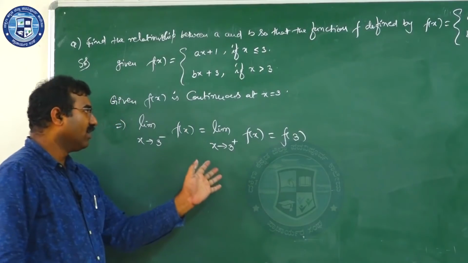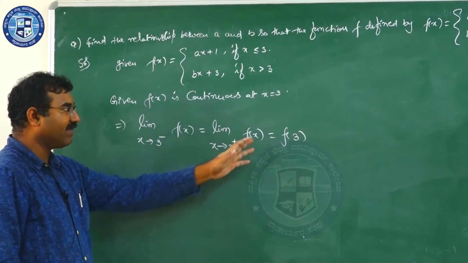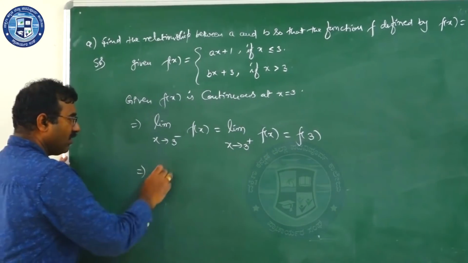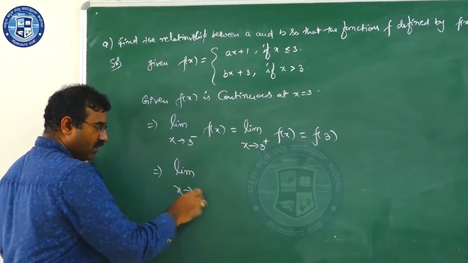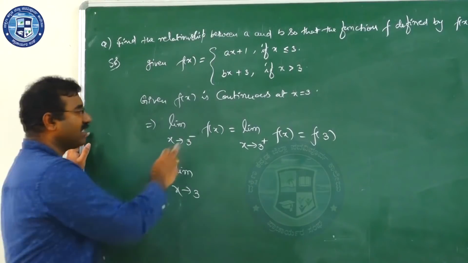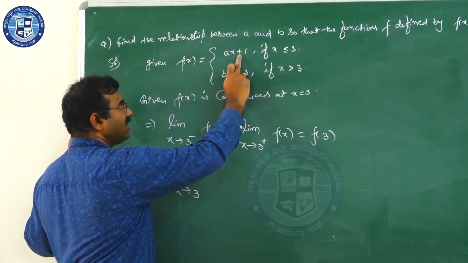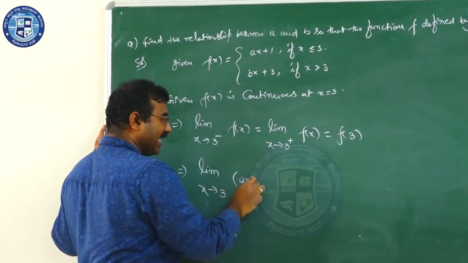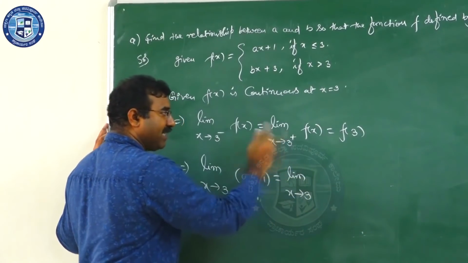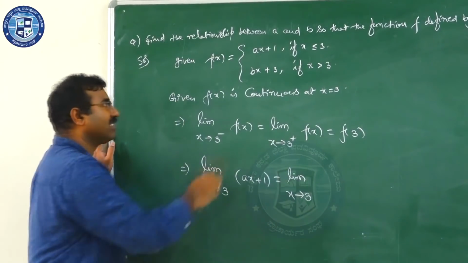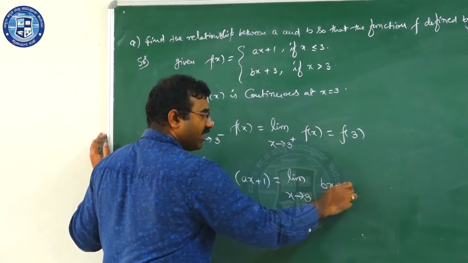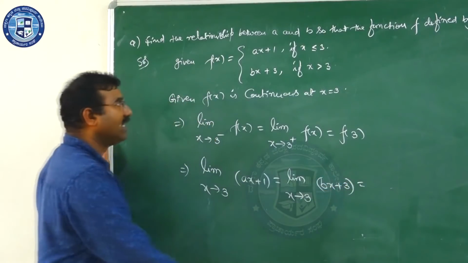So the left hand limit at 3 must be equal to the right hand limit at 3, which is equal to the function value at 3. Now, limit x tends to 3 minus means x is approaching 3 from the left, so the function is defined as ax plus 1. Limit x tends to 3 plus means x is approaching 3 from the right side, where the values are more than 3, so you take the function bx plus 3, which equals f of 3.